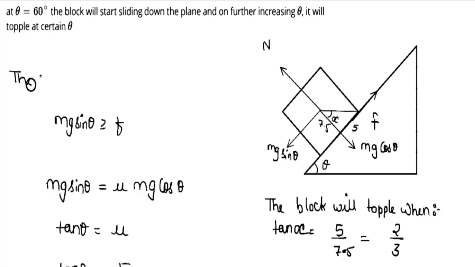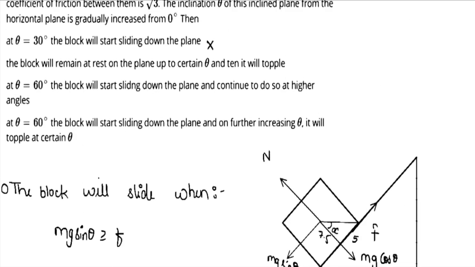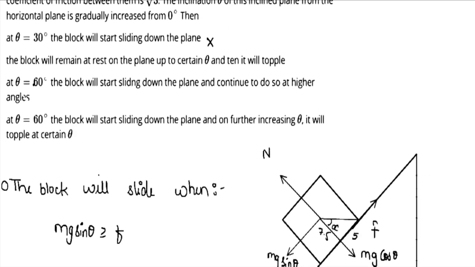The block will slide when, and all this occurs. So this is our first part and this is our second part, and it is completed here. So the correct option will be: the block will remain at rest on the plane up until a certain theta and then it will topple.